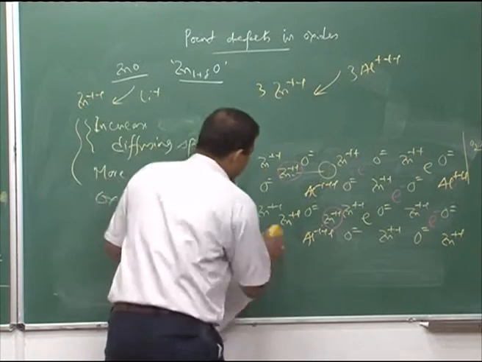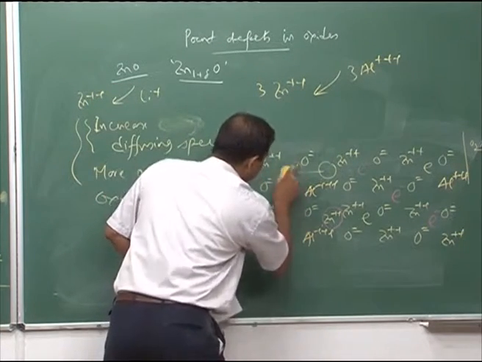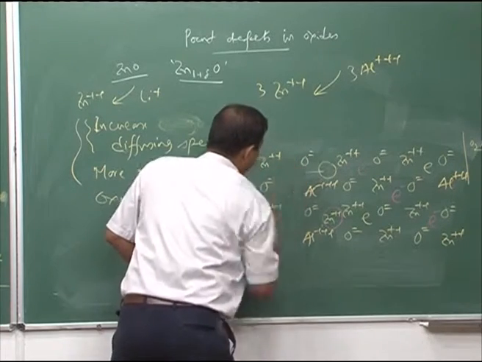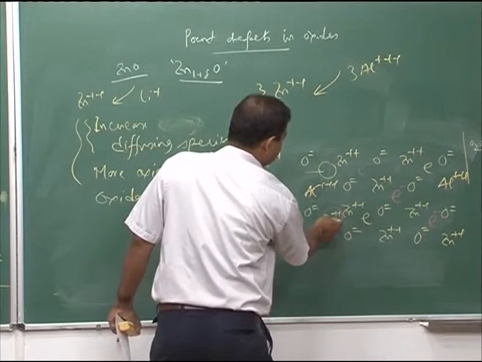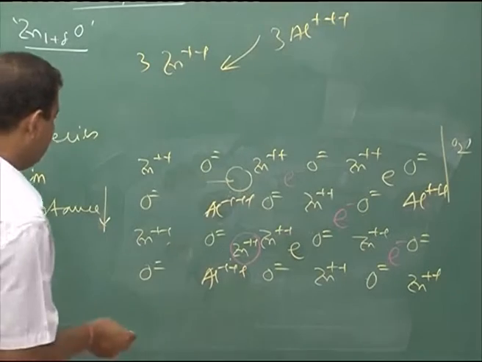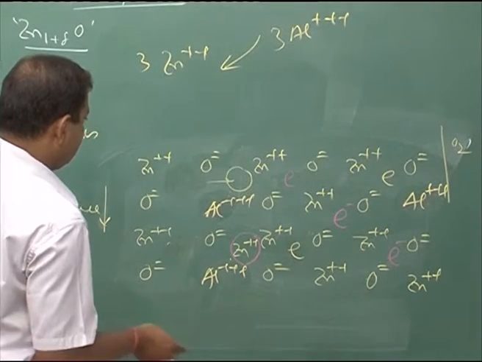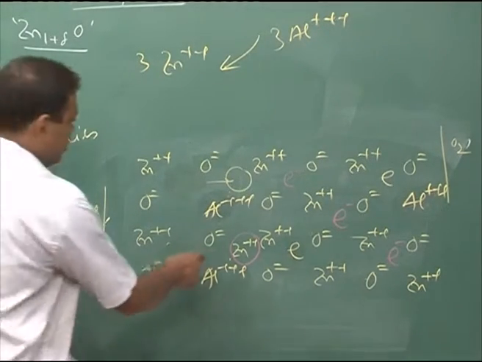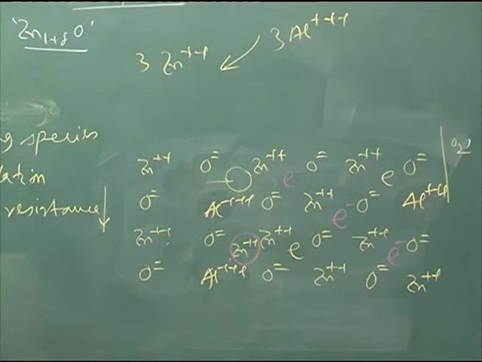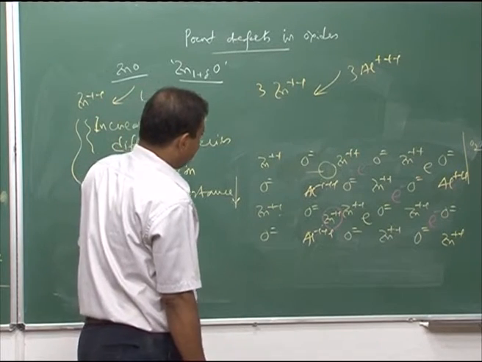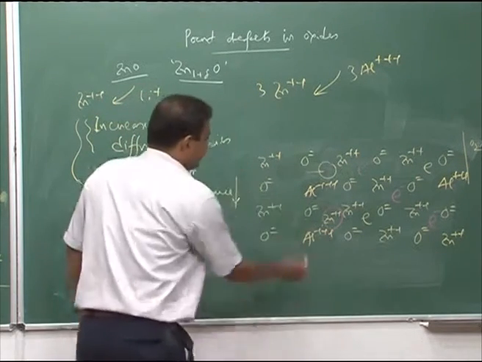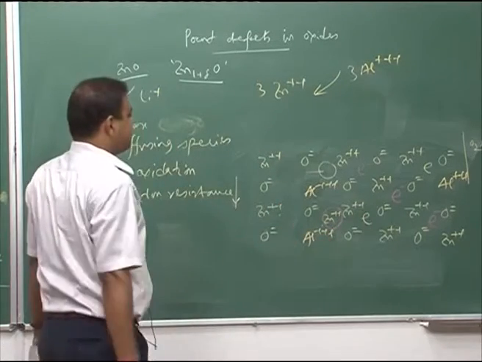So, now if we remove 2 zinc positive charges, then we are left with 1 zinc cation in the interstitial position. So, in this case, overall balance is done.